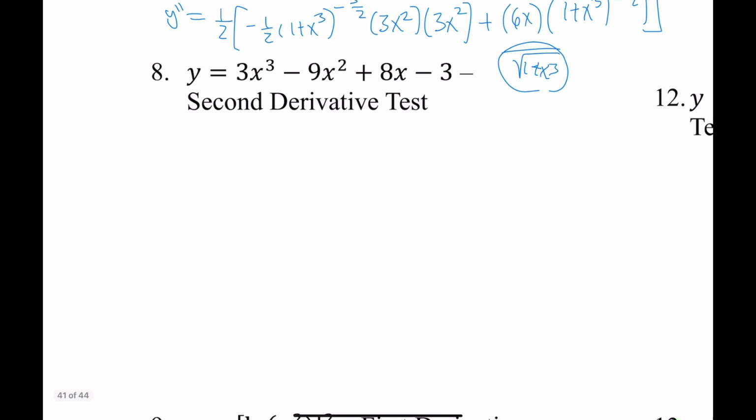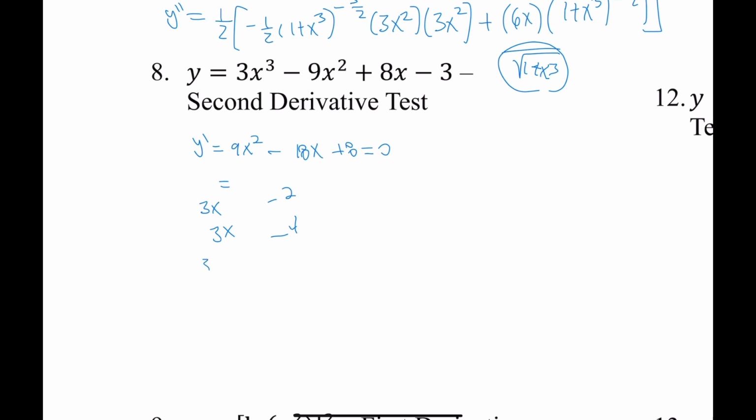And number 8 gives us a polynomial. So let's do the first derivative and then the second: 9x squared minus 18x plus 8... let's see where this is equal to 0. 3x, and then let's see, 4, 2, yeah, that works, negative 6 and negative 12.